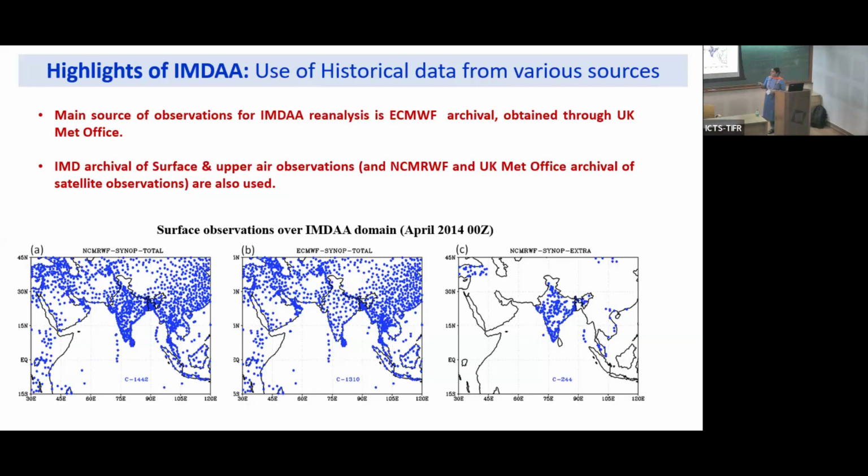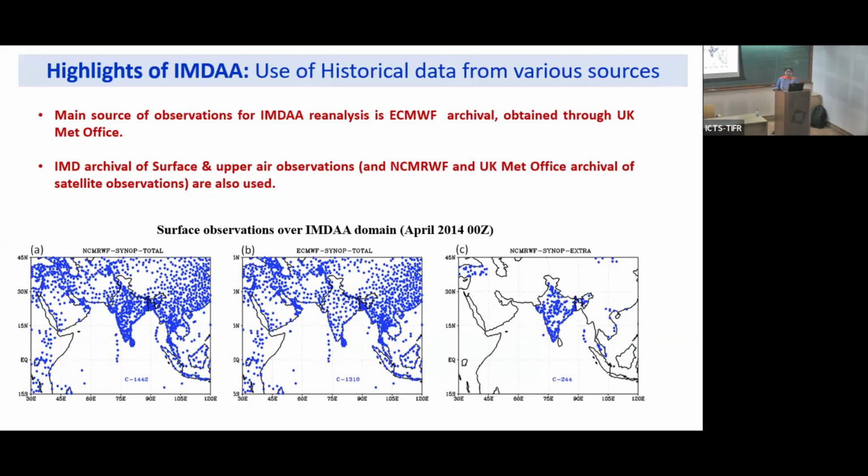These additional observations might not all have gone in, but after quality control, some of the good quality observations we used in the IMDAA system. Compared to other global reanalyses like ERA5 or JRA, one of the important aspects of IMDAA is the use of historical data from IMD archival.